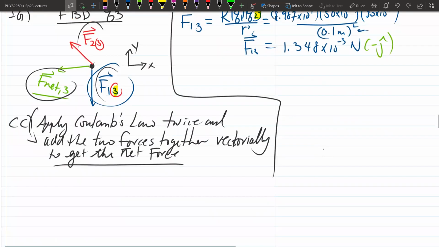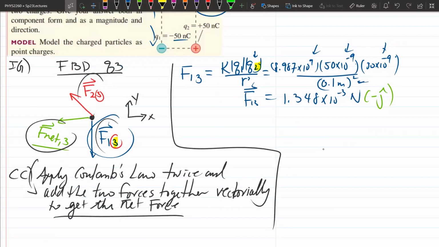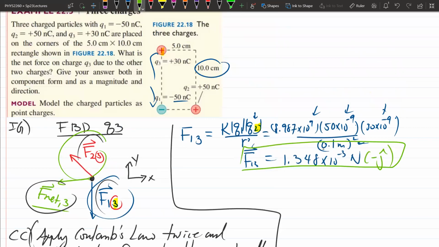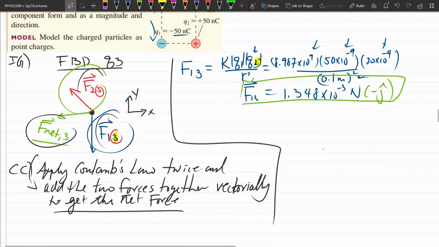Okay, all right. So that's the easier one. The harder one is going to be this piece, because it's going to have some x component and some y component, right? So force of 2 on 3. I'm going to find the magnitude once again.